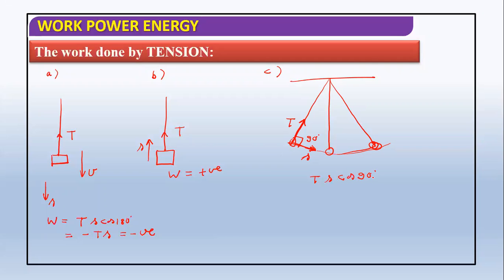If tension and displacement are perpendicular, then the work will be zero. So in case of a pendulum, the work by the tension is zero. So for an oscillating pendulum, the work is zero.